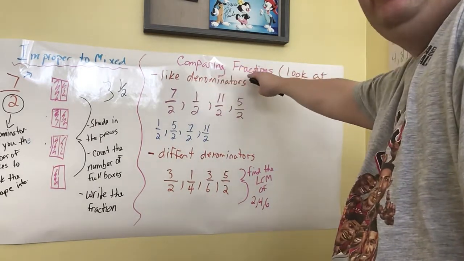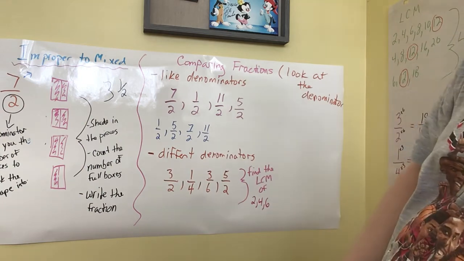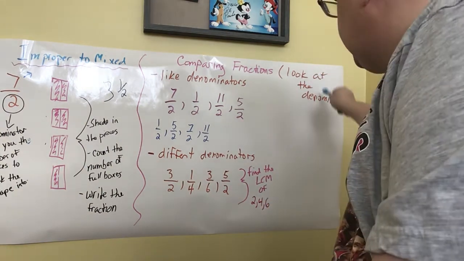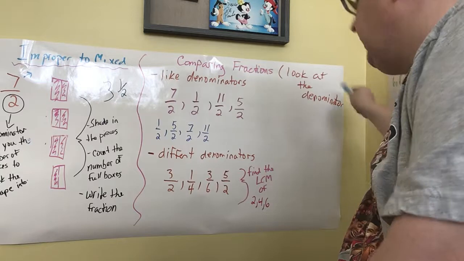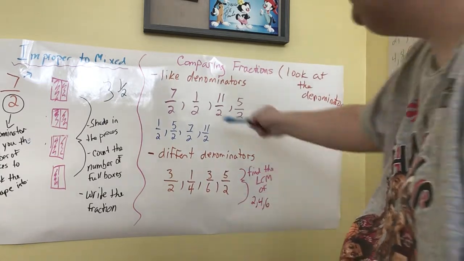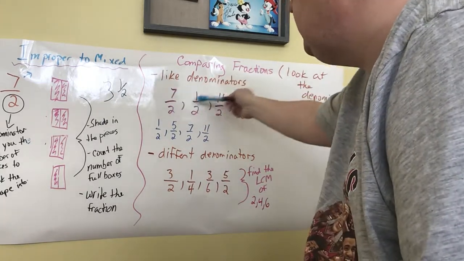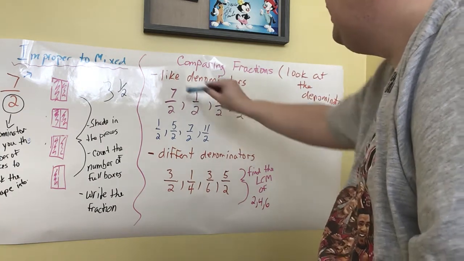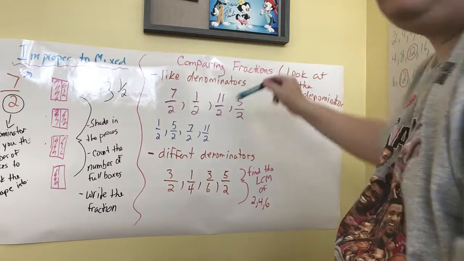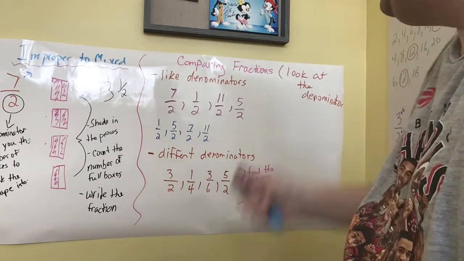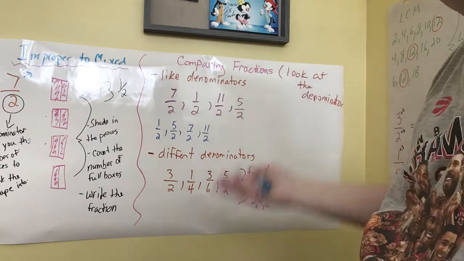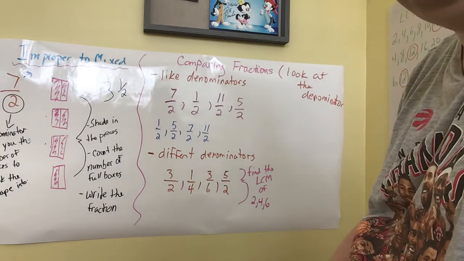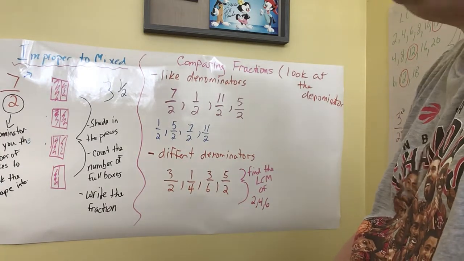I have comparing fractions. Look at the denominator. I ran out of space, okay? So in this example here, I have 7 over 2, 1 over 2, 11 over 2, 5 over 2, all right? They are all the same denominator. So in this case, I just put them in order, looking at my numerator.